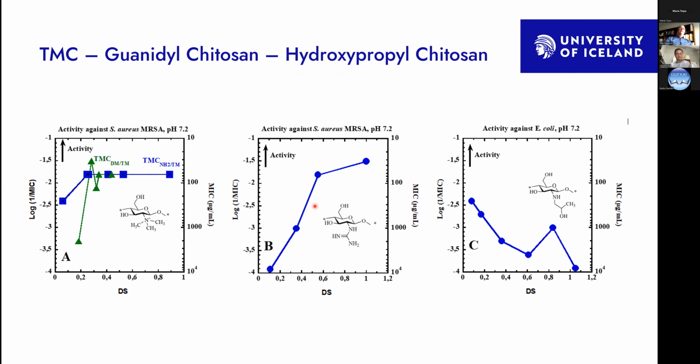There is a very good correlation between the degree of substitution and activity. However, in other cases, like here is the hydroxypropyl derivative of chitosan, you can see that there is this opposite effect, that the activities are actually reducing with the degree of substitution.